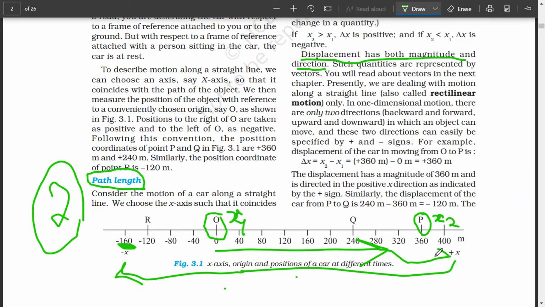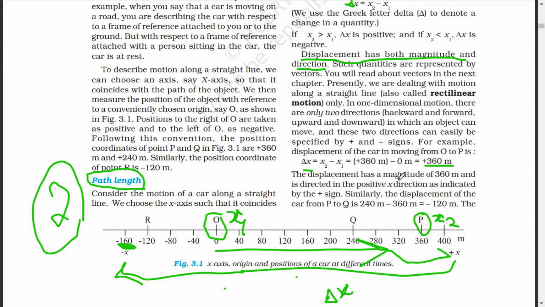So x2 minus x1 will give you the displacement, delta x. So this is 360 minus 0, which is plus 360. This is equal to delta x. The displacement has a magnitude of 360 meter and is directed in the positive x direction, as indicated by the plus sign.